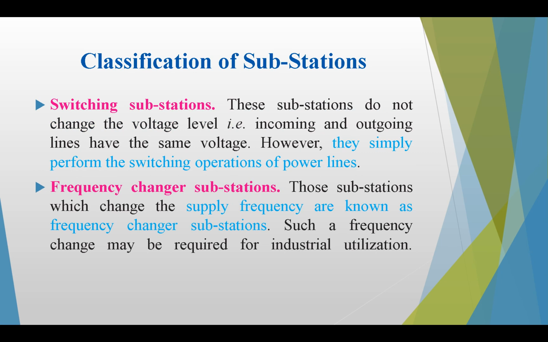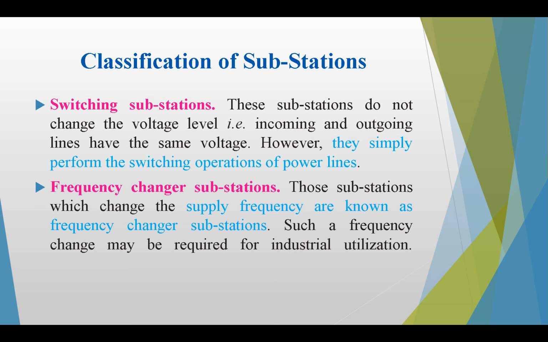Then we have a switching substation. In this type of substation, we do not change the voltage level, meaning step up or step down. Here we simply perform the switching operation of a power line, meaning the incoming and outgoing lines have the same voltage.